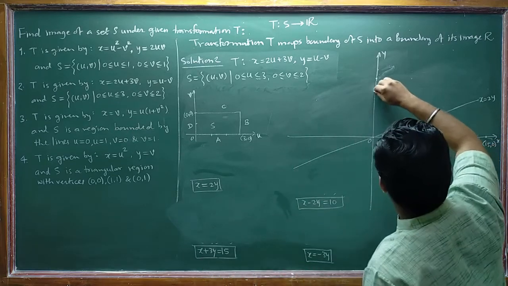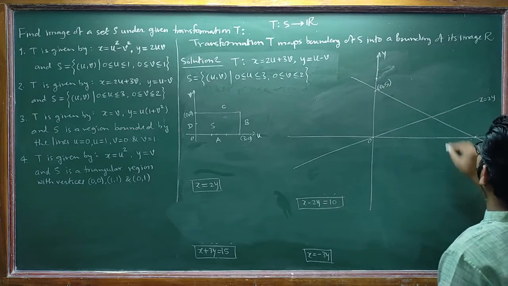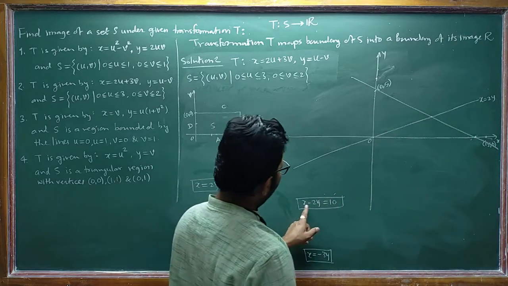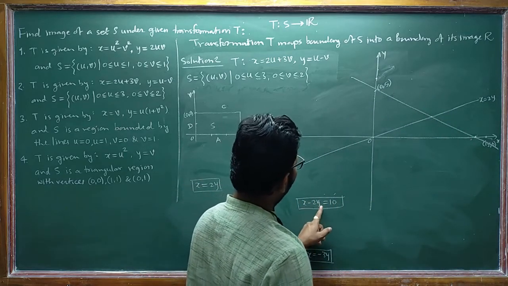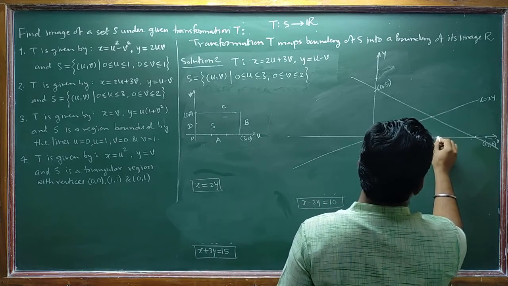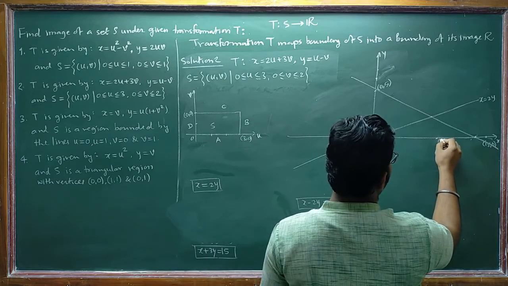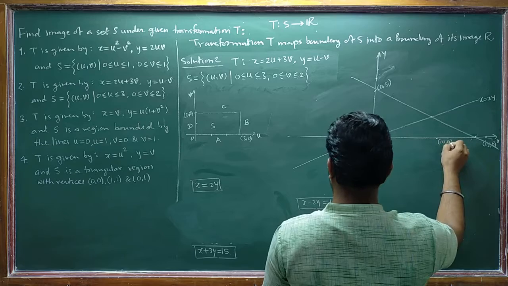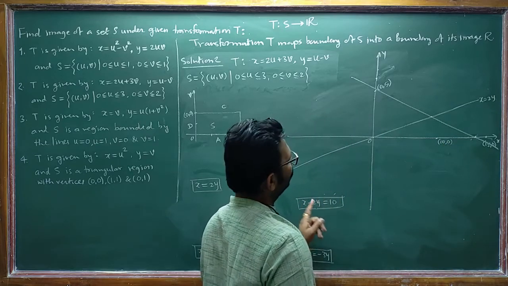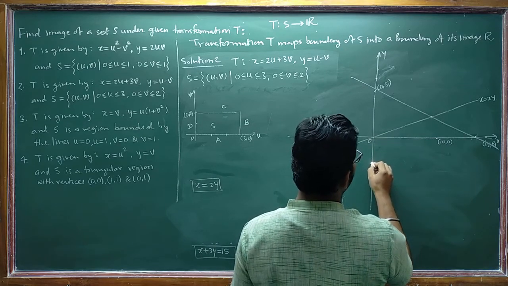So this is the line. Okay. Then the next thing, x minus 2y equal to 10. When y is 0, x is 10. Okay. And when x is 0, y is minus 5.